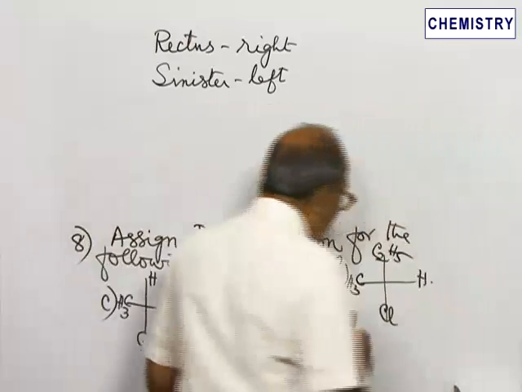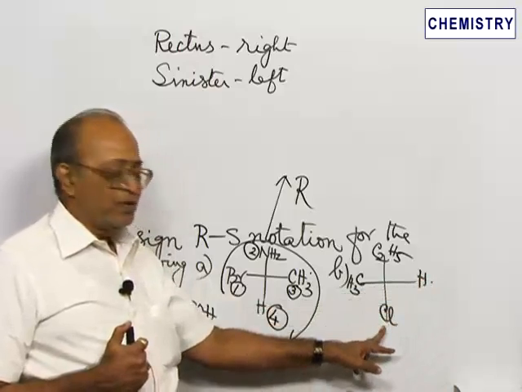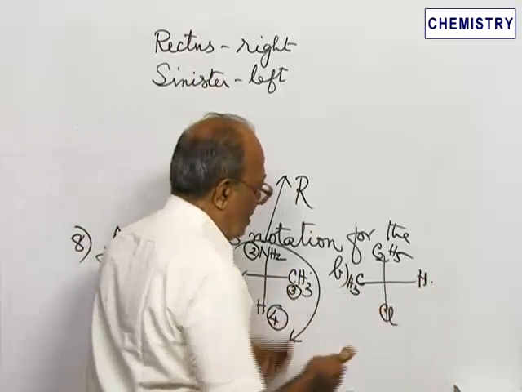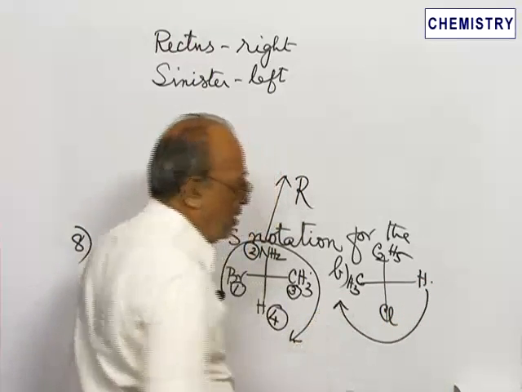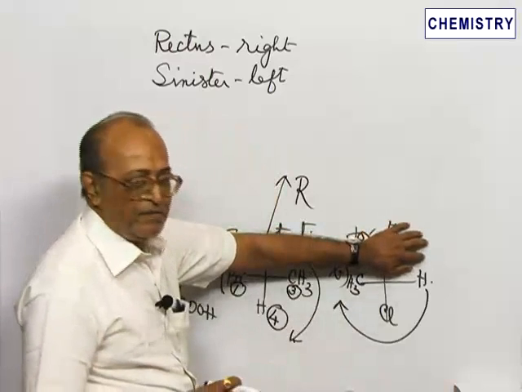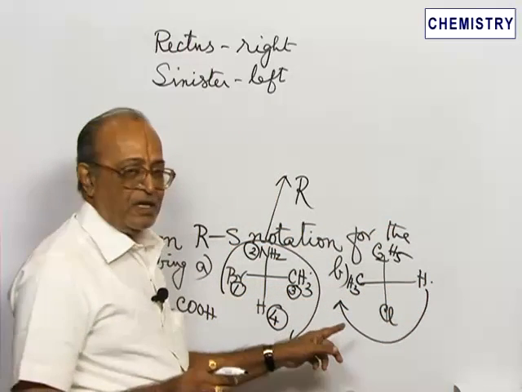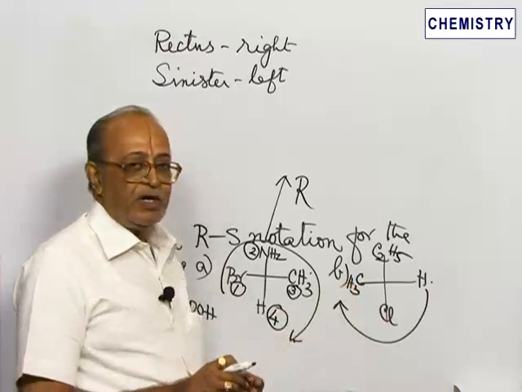Now, in what way can you bring this hydrogen to the bottom? If you move this hydrogen in the clockwise direction, you keep this as fixed. Move hydrogen in the clockwise direction. At the same time, these two will also move correspondingly.